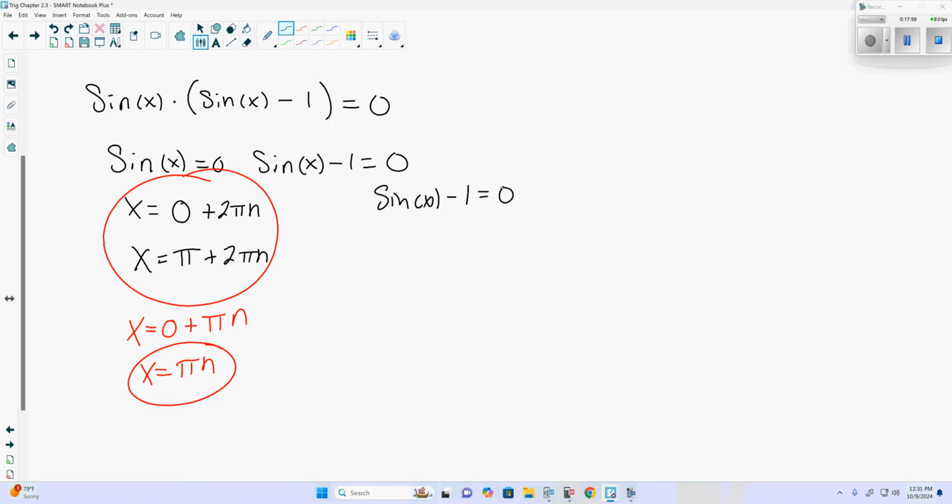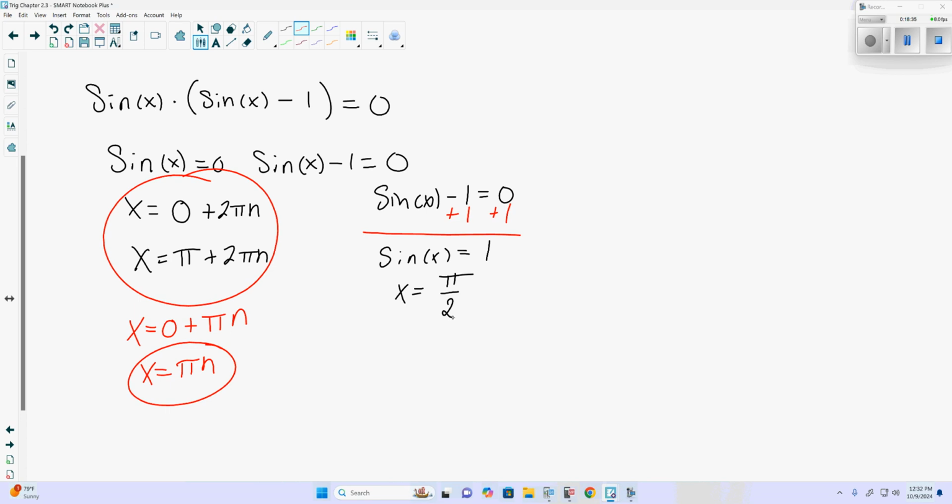Sine of x minus 1 is equal to 0. Well, we can add 1 to both sides, and sine of x is equal to 1. With sine and cosine, there is only one angle that gives us 1. And for sine, it is pi over 2.